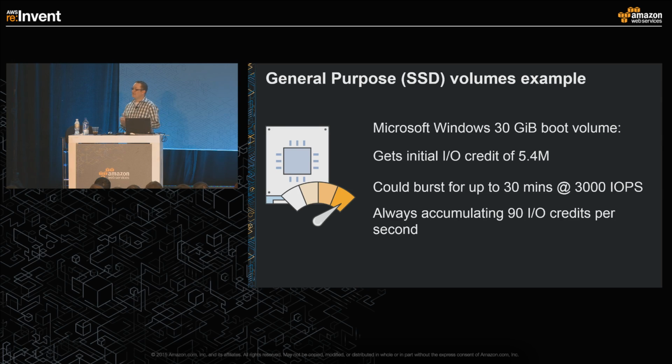It's going to get a baseline performance of 100 IOPS, because as we said, there's a 100 IOPS floor on the volumes, but it will be accumulating at 90 IOPS per second because it's a 30 gigabyte volume, 3 IOPS per gigabyte. This volume could burst for 30 minutes at 3,000 IOPS. Now, Windows typically boots a little bit slower than Linux, but it definitely doesn't take 30 minutes to boot a volume. And so what this means is the boot time on Windows is substantially accelerated.